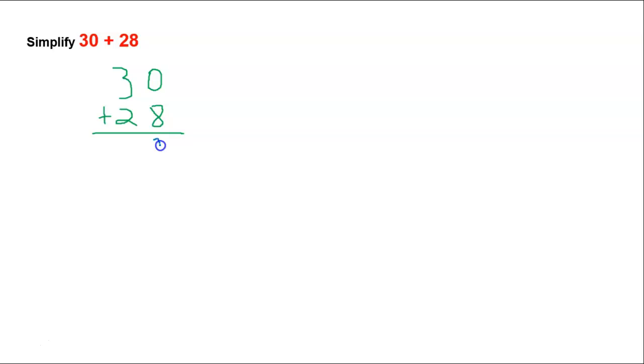So 8 plus 0 is 8. And 3 plus 2 is 5. So therefore 30 plus 28 equals 58, and that is our answer.